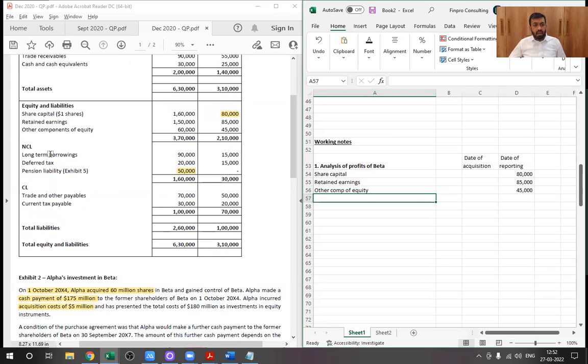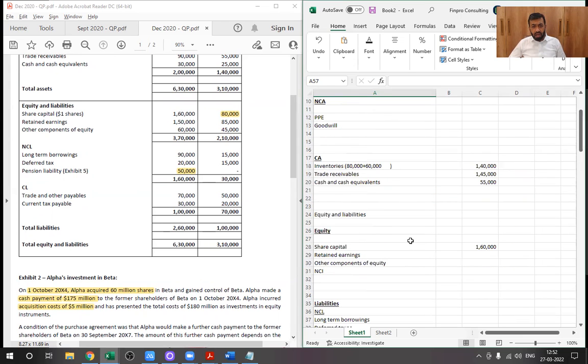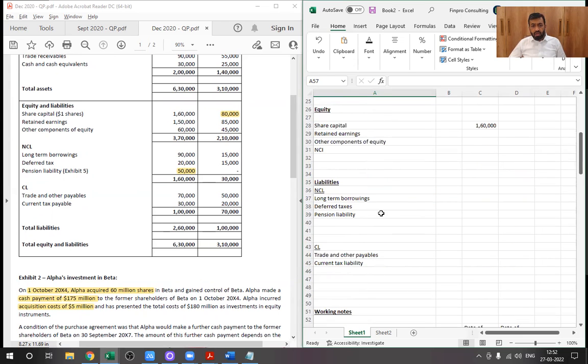Go ahead and use NCL, non-current liabilities. Non-current liabilities, you can write it directly because there is no adjustment, it seems. So it is 90 plus 15. Deferred taxes 20,000 plus 15,000. There will be adjustment here.